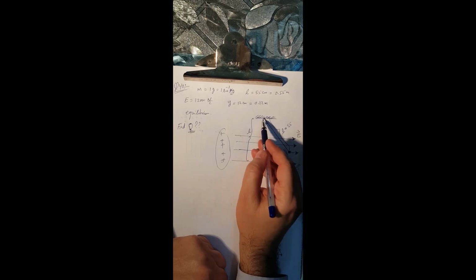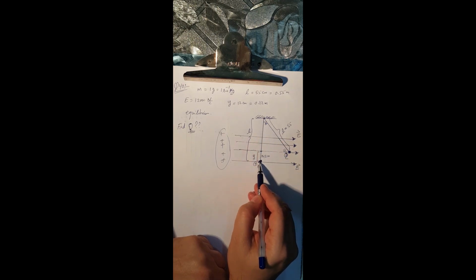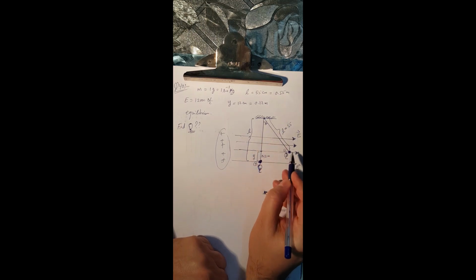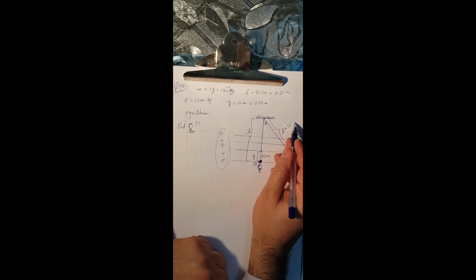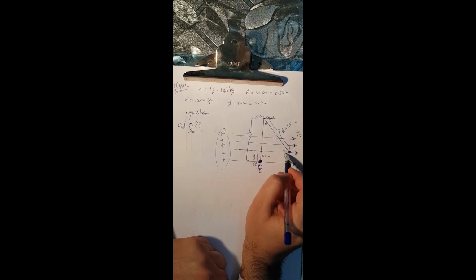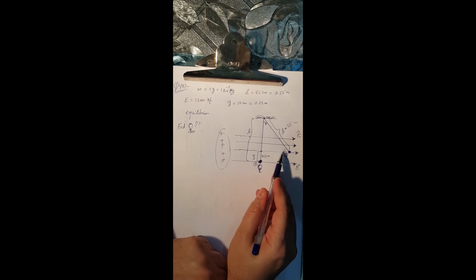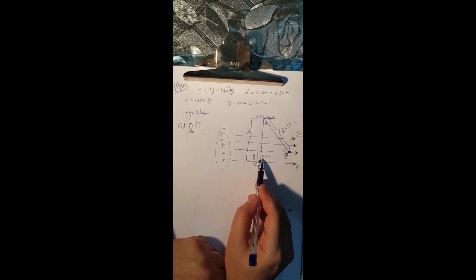So at the moment we have this arrangement. From here to there is the length 55 centimeters, which is the same as this length from here to there, 55 centimeters as well. These are 55 in total. And the charge went up vertically by an amount y, which is 12 centimeters or 0.12 meter.